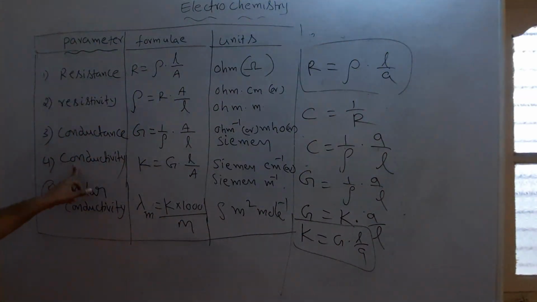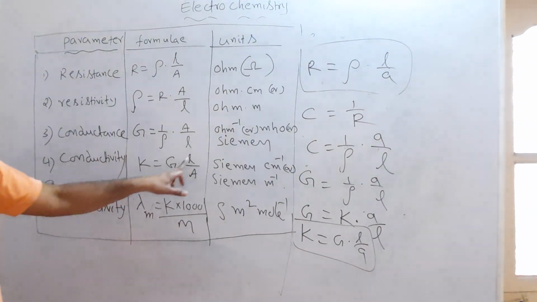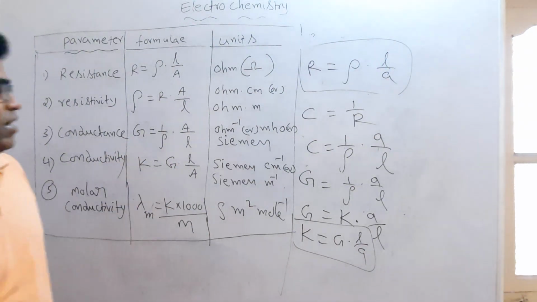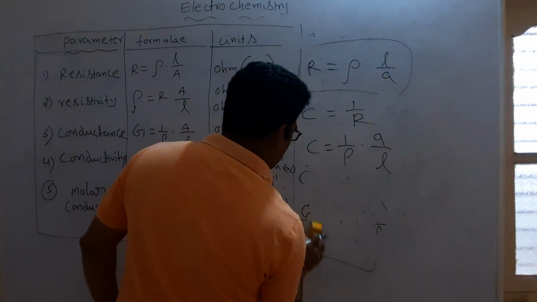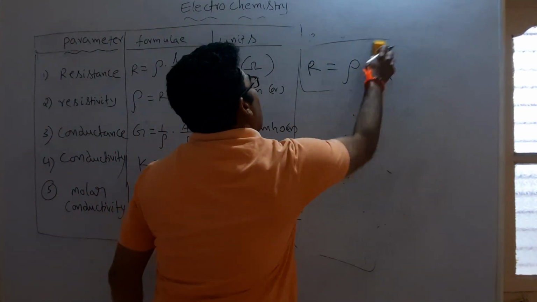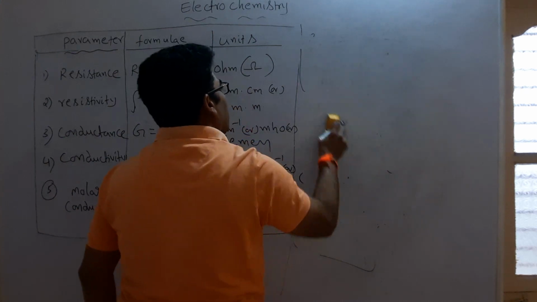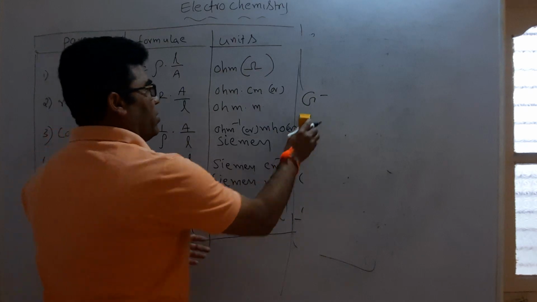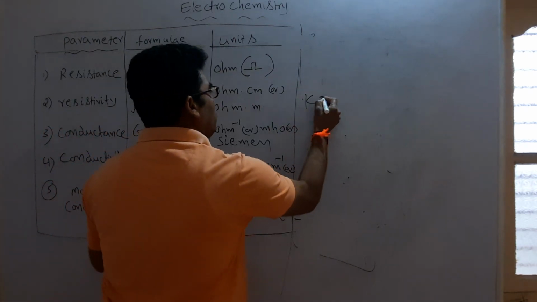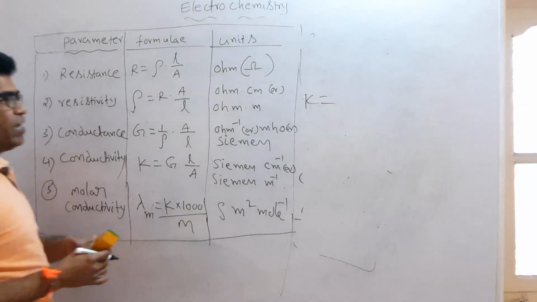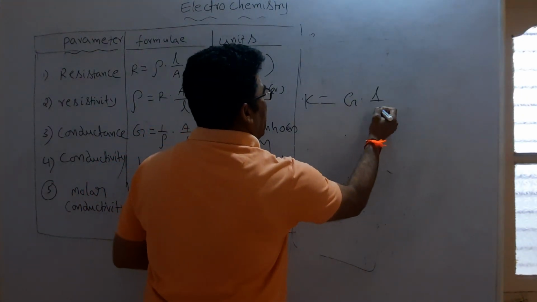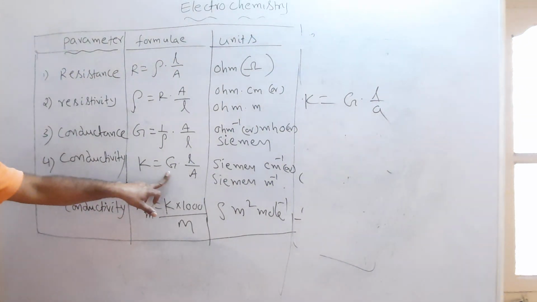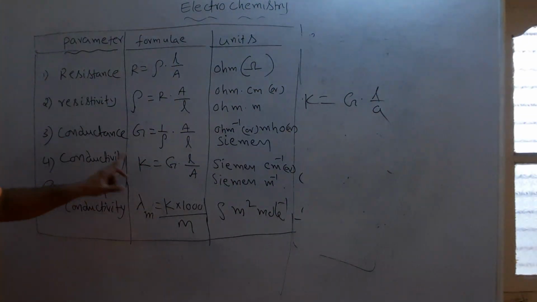Now you observe this one. K, conductivity. K equal to G into L by A. G means conductance. Now you observe the units. G means conductance.